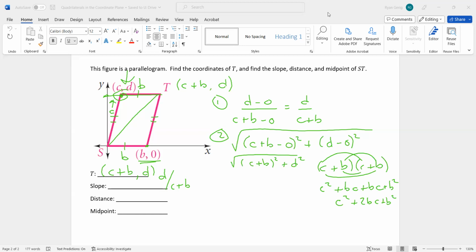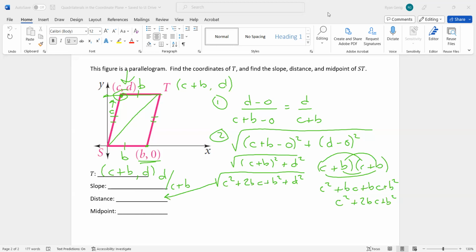So I'm going to take that and put it back underneath the radical. And I get my distance is the square root of c squared plus 2bc plus b squared plus d squared. I will not give you anything that disgusting. Okay, but I want you to see that the answers here can be kind of disgusting.